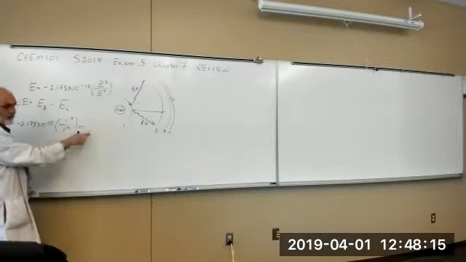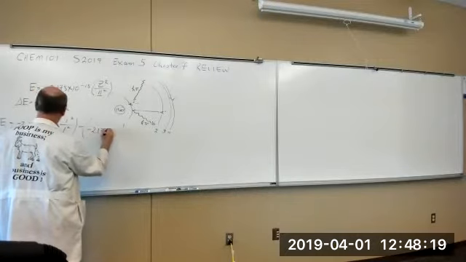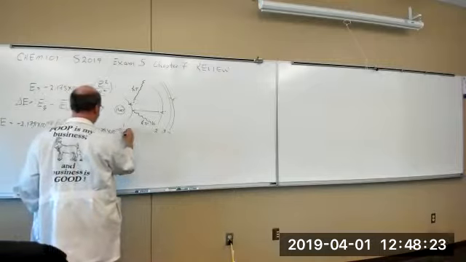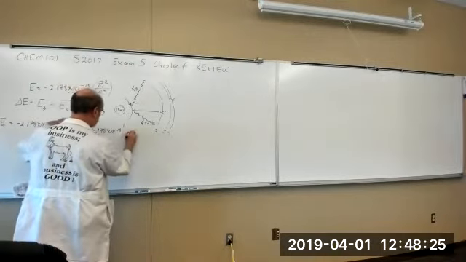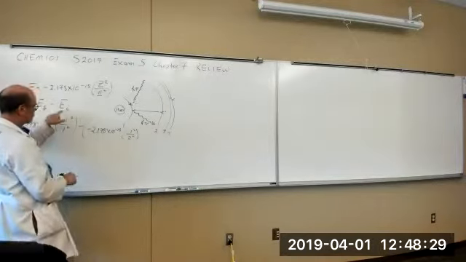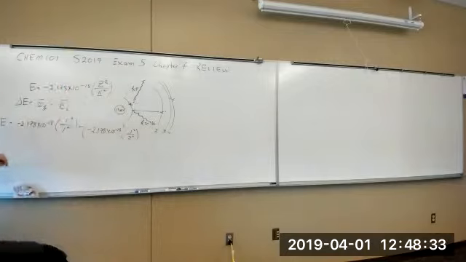a minus times a minus. And this is 2.178 times 10 to the minus 18. And that one is times 1 squared over 2 squared, because this is the initial starting position, 2. All right?